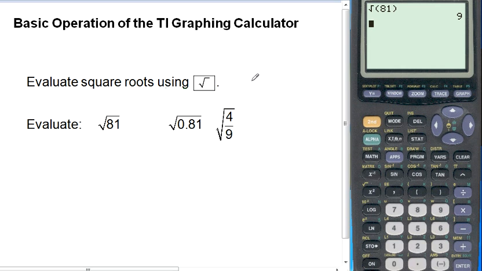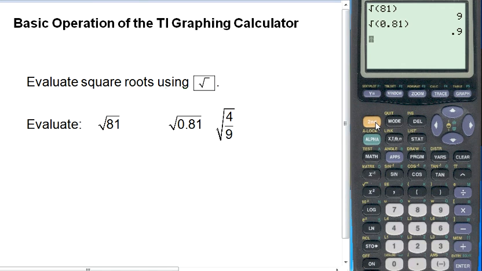And we get 9. Now let's do the second example, which is the square root. So we'll hit second square root, and this time it's of 0.81. Close parentheses and hit enter. And finally we want the square root of a fraction, and we definitely want a parentheses at the end of that, but it's going to come up automatically, so whether or not you put it on your paper is not that important here.